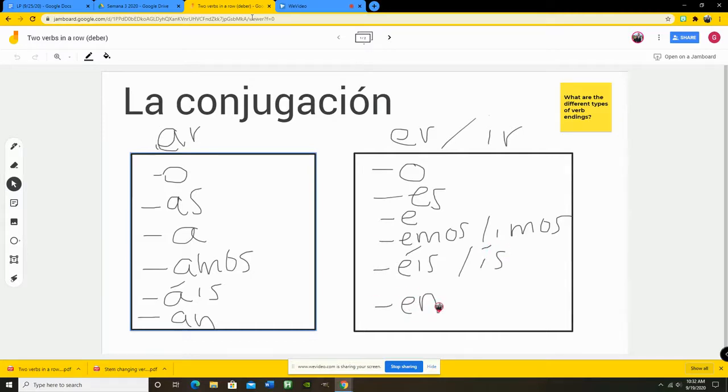So the only difference between AR and ER/IR verbs would be imos and is. And you can see that there are similarities between AR and ER/IR verbs. So they're spelled very, very similarly, but depending on what the verb ending is, they will change.